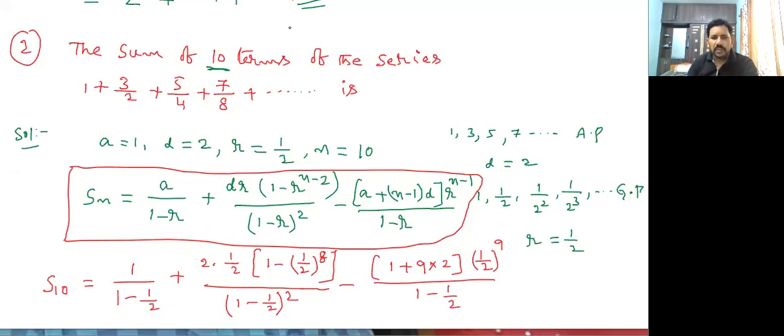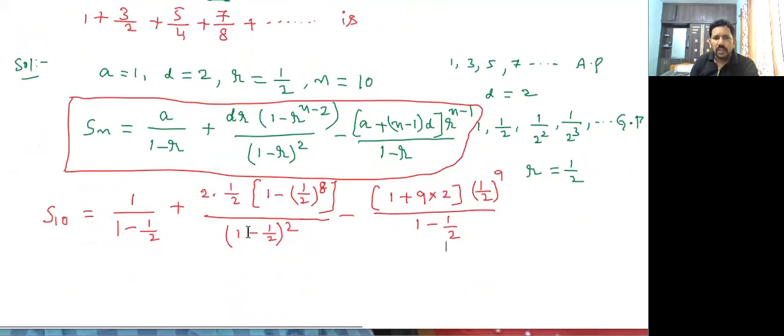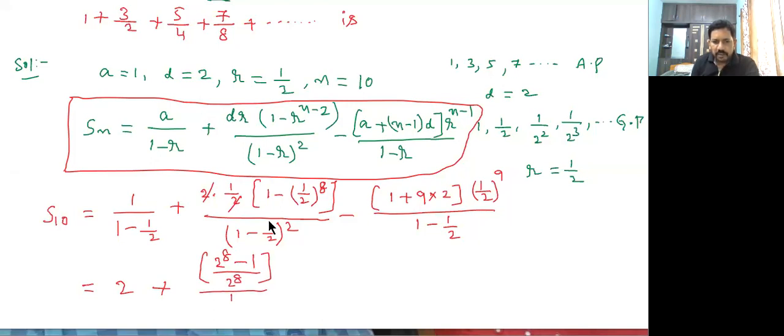Now this value we want to simplify. What is 1 minus 1 by 2? That is 1 by 2. It goes to the numerator, so we get 2. Plus here the 2 cancels, plus here (1 by 2) power 8 in the numerator. Calculate 2 power 8 minus 1 by 2 power 8, divided by (1 by 2) square. 1 minus 1 by 2 is 1 by 2 now.